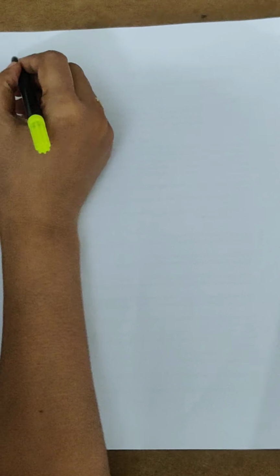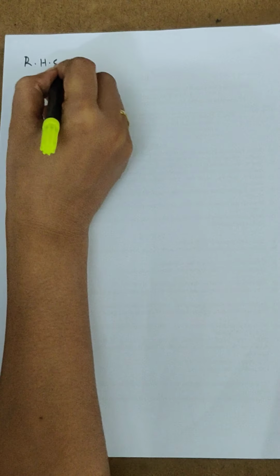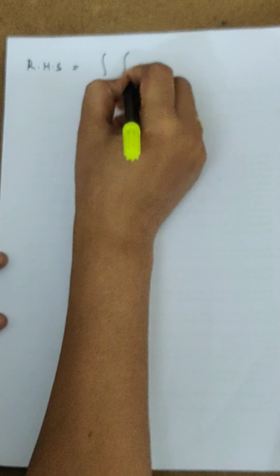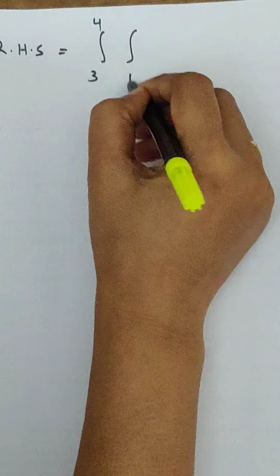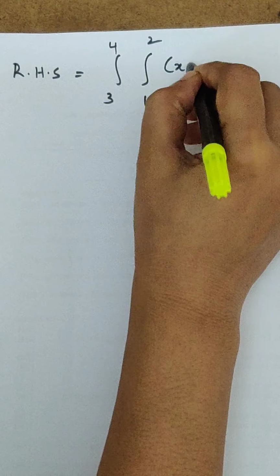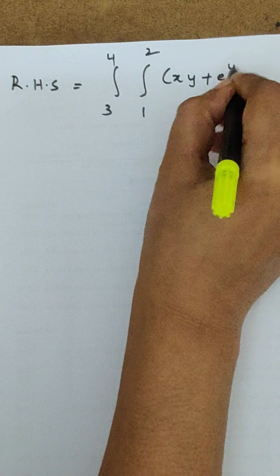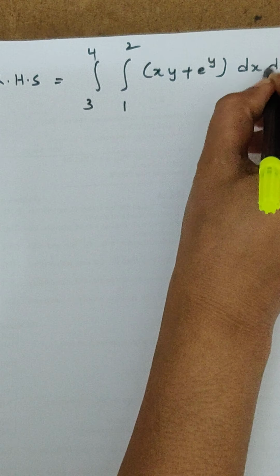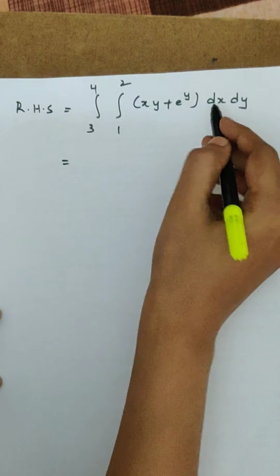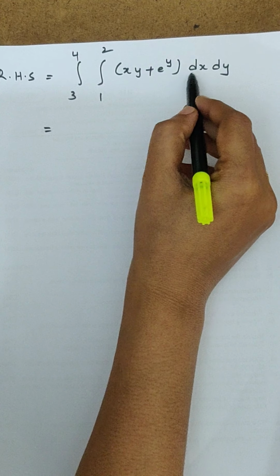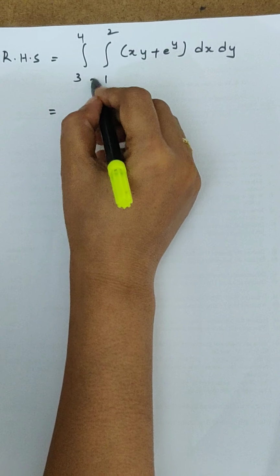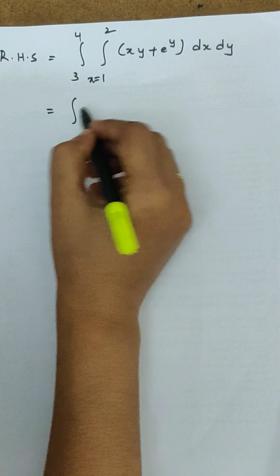RHS part, double integral 3 to 4, 1 to 2, (xy + e^y) dx dy. So with respect to x integration, first of all these are x limits.